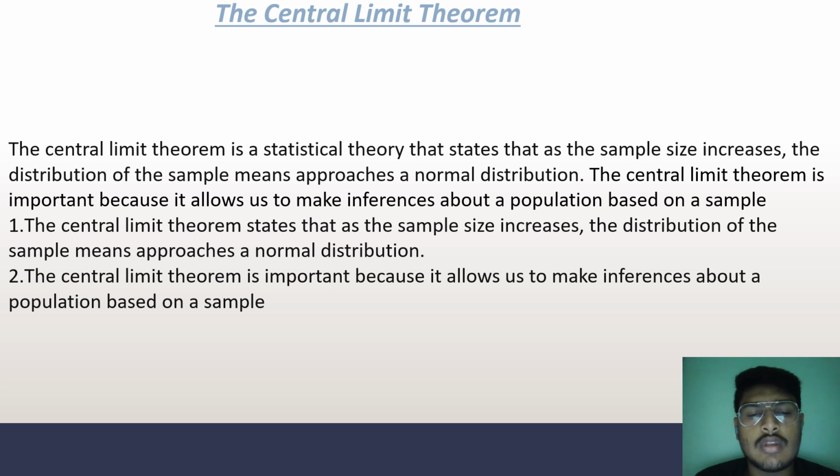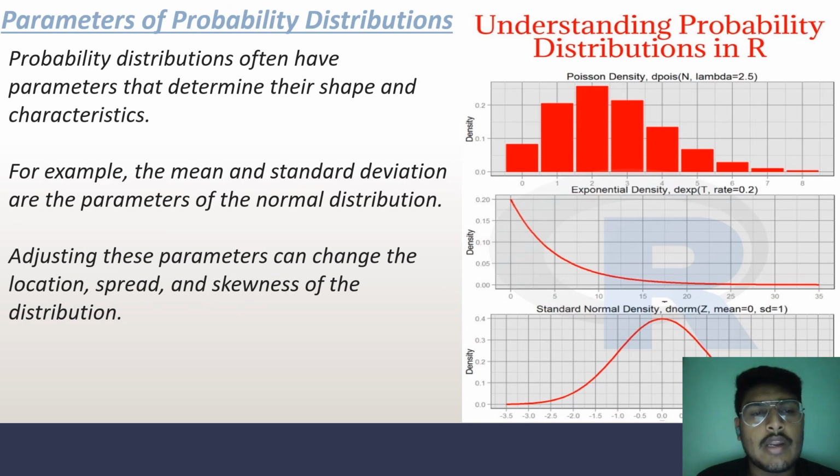The central limit theorem is important because it allows us to make inferences about a population based on a sample. Next, parameters of probability distribution.